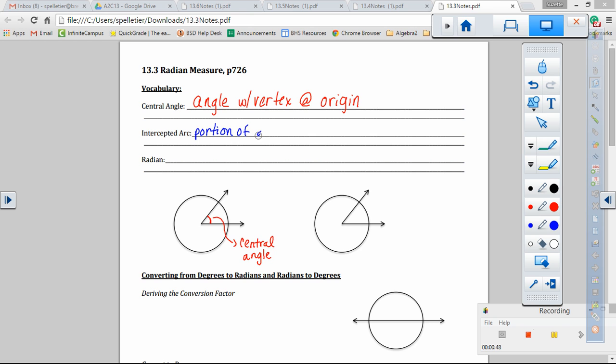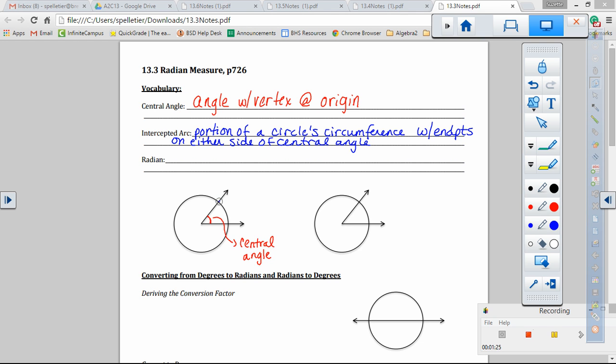An intercepted arc is a portion of a circle's circumference with endpoints on either side of the central angle.